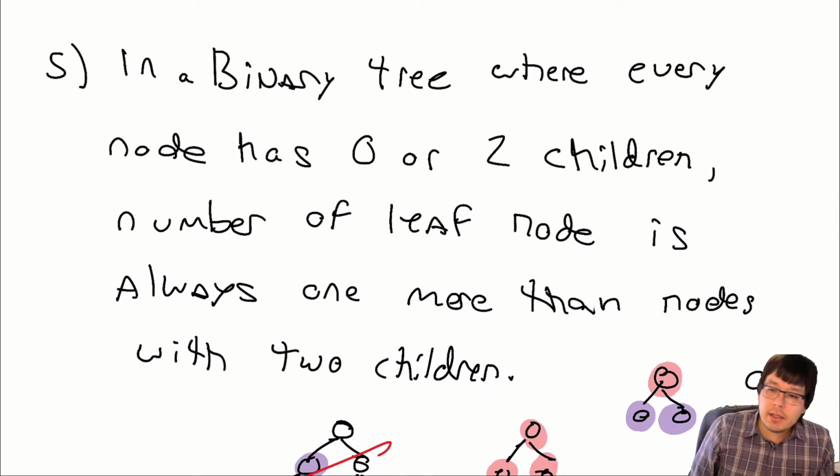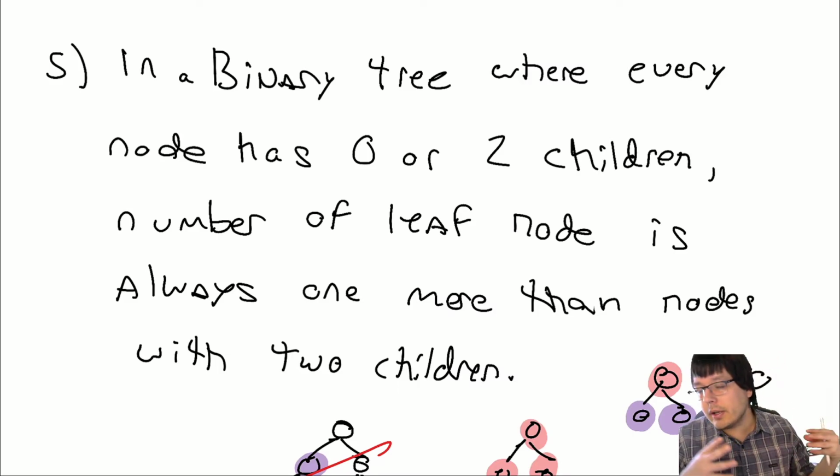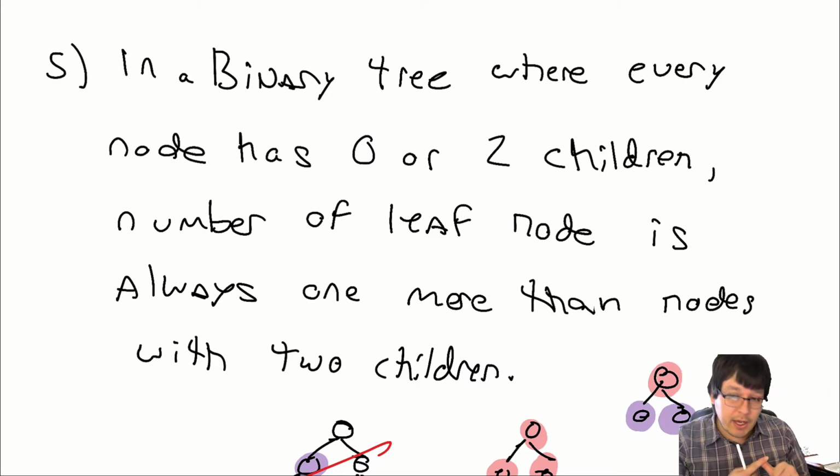So hopefully this starts to get your brain going on trees and a little bit about how they function, the concept of height, levels, leaf nodes, internal nodes or parent nodes. And next time, like I said, we will talk about the types of binary trees, which is just a conceptual thing, and then we will start talking about traversals, which is how to actually tell somebody else what your tree is.